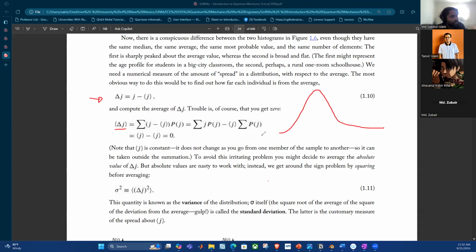I'm considering this a normal distribution. Usually in a normal distribution, that is the average value. Here you'll find the average. So let's say, for example, this value of j here, usually here it is j, and that is n of j.